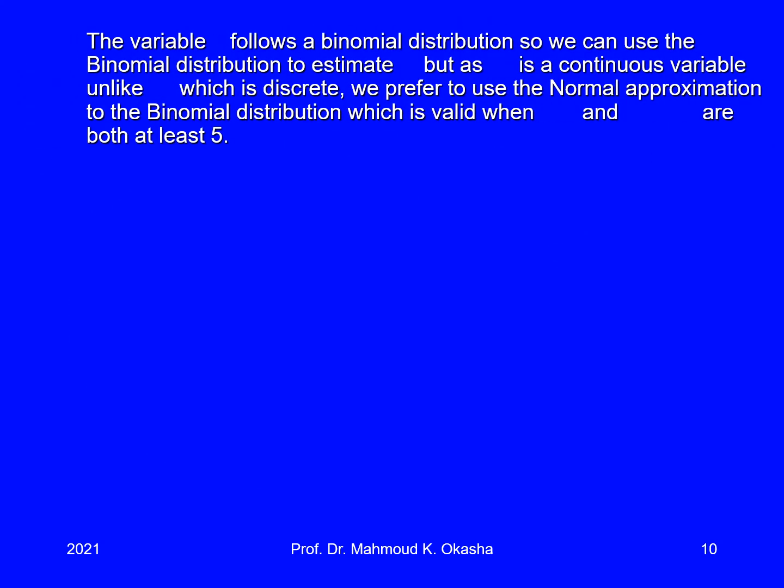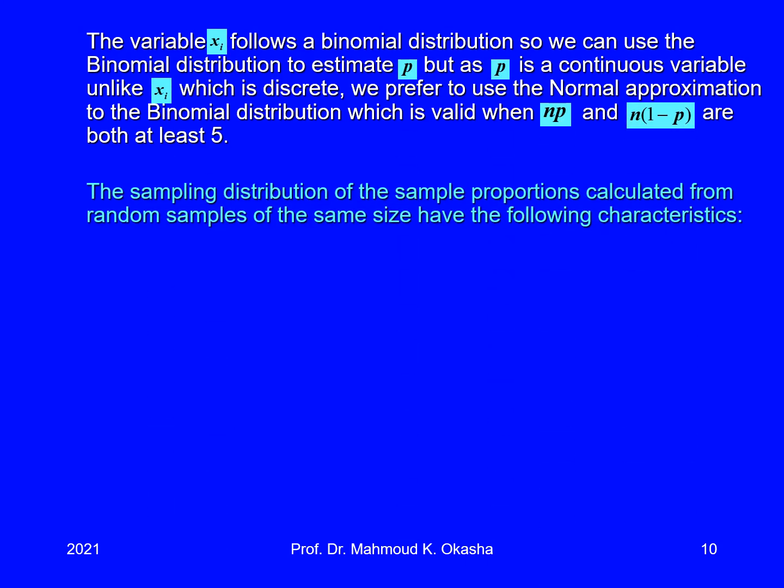Now to be more specific about the sampling distribution of the sample proportion, we will use the binomial distribution, as we have a variable of two values, only 0 or 1, or 1 or 2, or whatever, as long as it has two values with fixed sample size n. Then we have a binomial distribution.